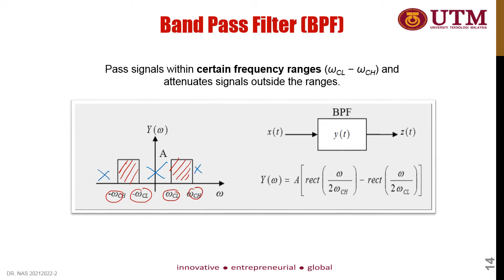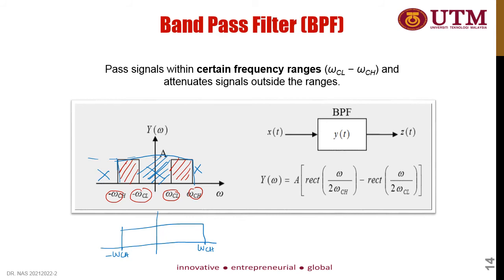The transfer function of the band pass filter can be expressed as A times the first one, the bigger rectangular, minus the smaller rectangular. In this case, the bigger rectangular is from negative omega CH to omega CH.